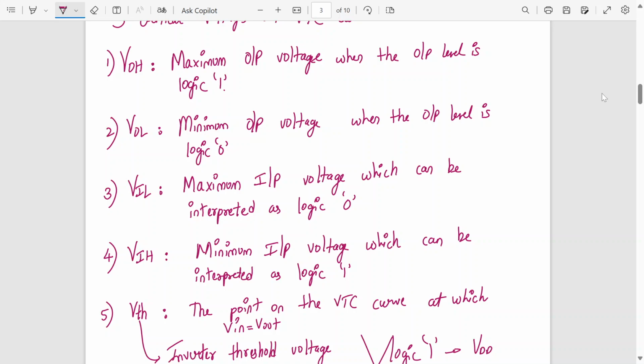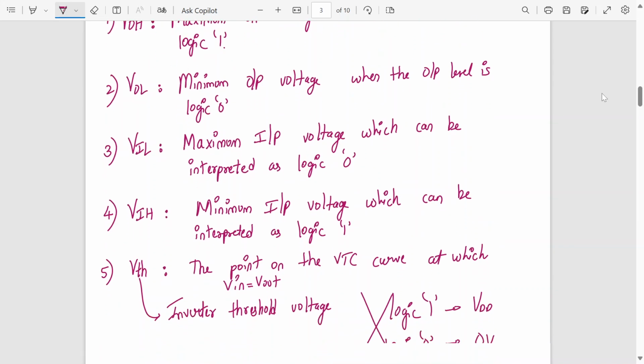So write down the definition of noise margins actually.